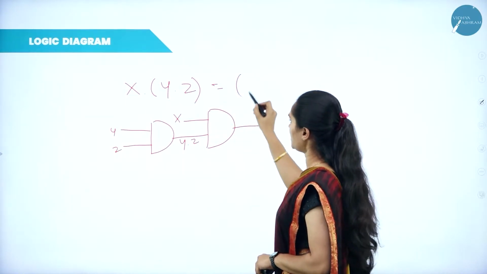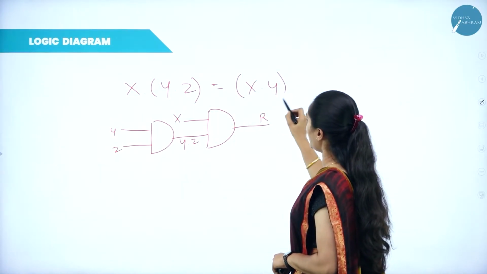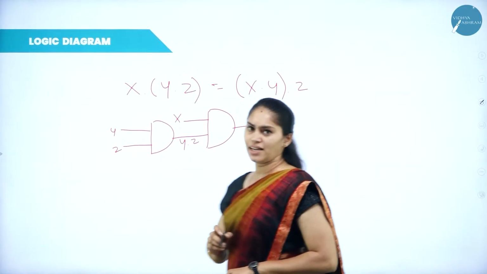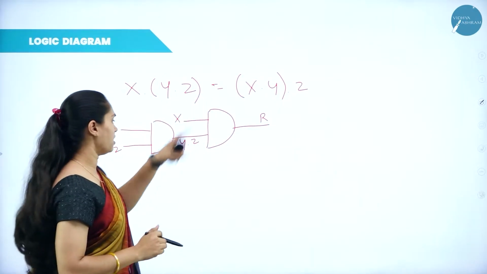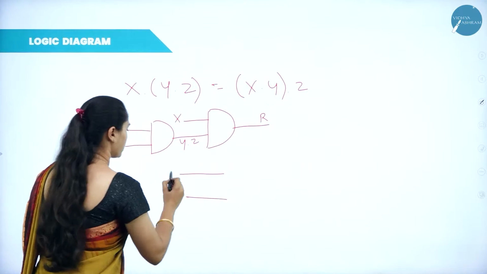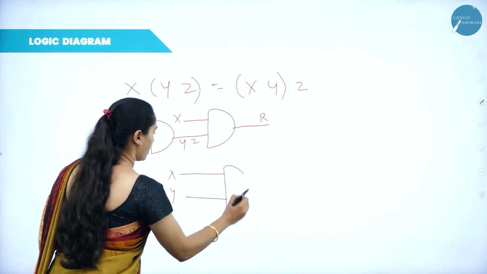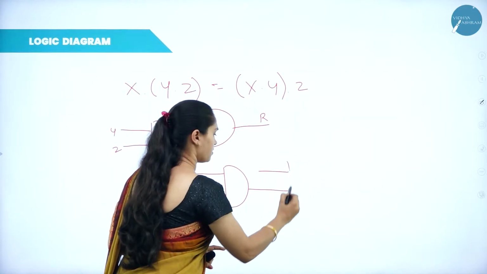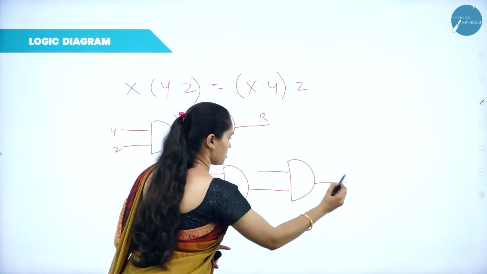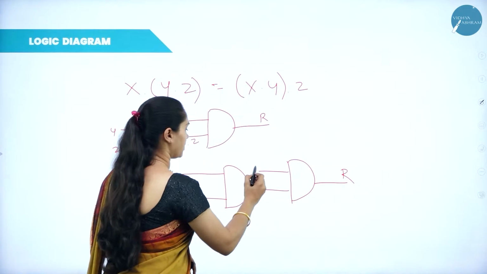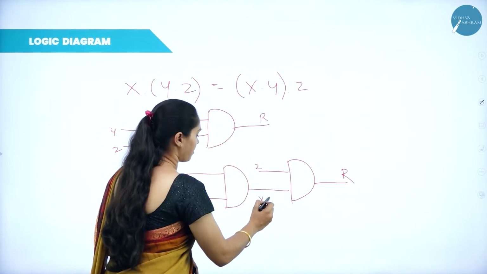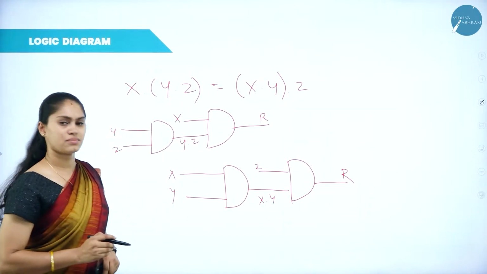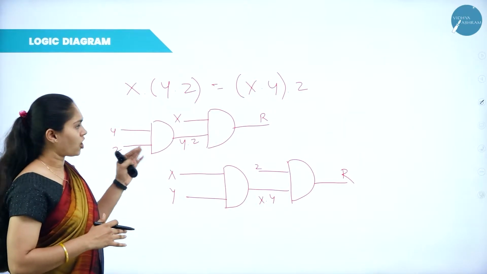Then how will it be? x dot y into z. How can I do that? Within the bracket what we have here is x, y. I am going to AND this with z. This will give the resultant. This is the z value and this is the value of x dot y. This is how you write the logic diagram.